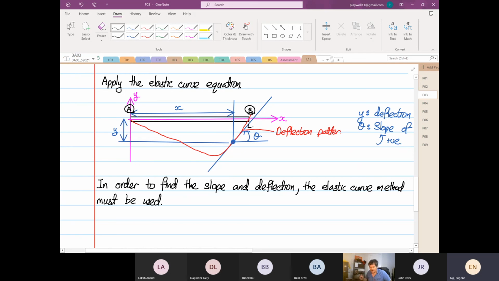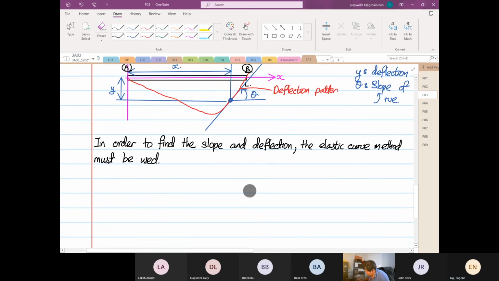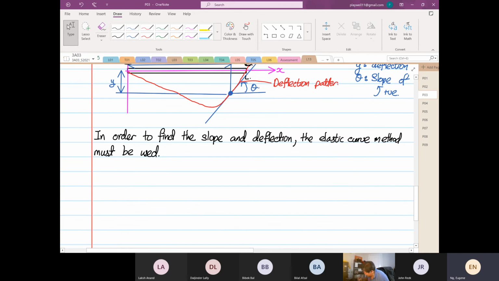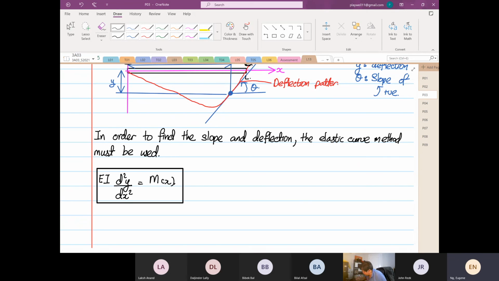As I said, I'm not going to derive the elastic curve method, but I'm just going to write up the expression for you. So it has EI d squared y over dx squared is equal to M as a function of x. You might say, hey, I've seen this in math before, yes or no? So this is known as the elastic curve equation.